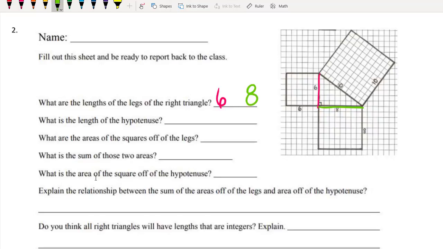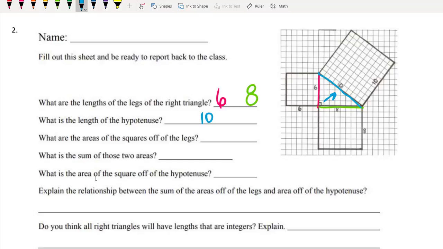What is the length of the hypotenuse? 10. Remember, I know it's this one for two reasons. One is that it's the side across from the right angle. The other reason I know that it's the hypotenuse is because it's the longest side. 10 is longer than 6 or 8.